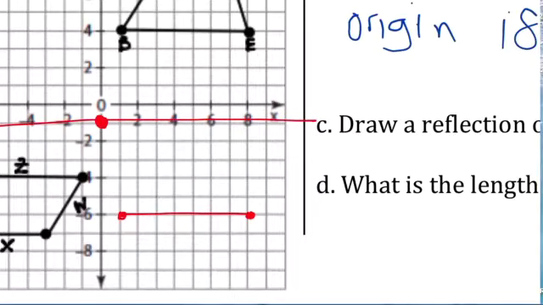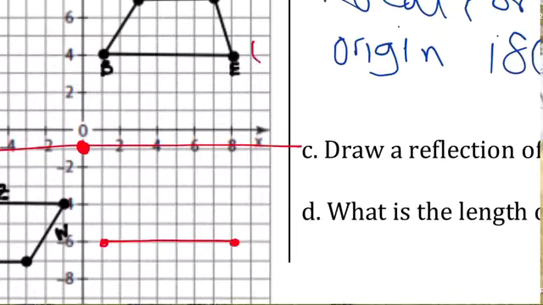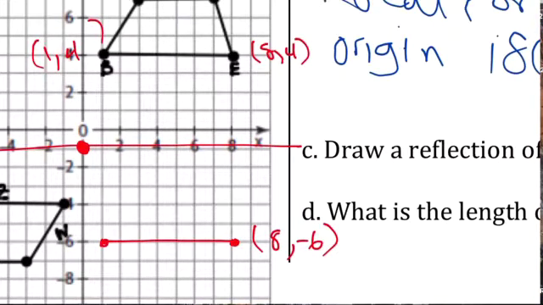When it goes reflection over that, this is 8 and 4, and this is 1 and 4. Then it becomes 8, and obviously X is the same, right? The only difference is Y. Now Y is negative 6. And then this is 1, and then Y is negative 6.